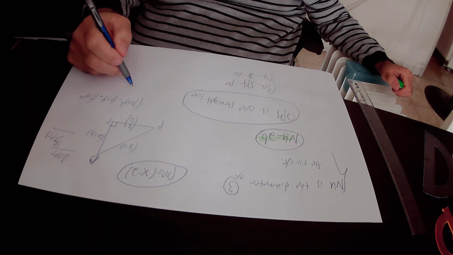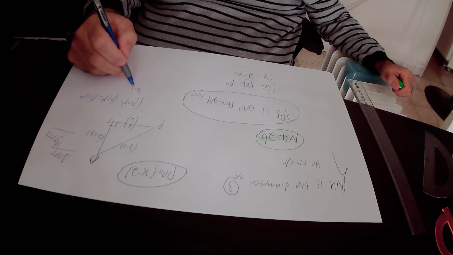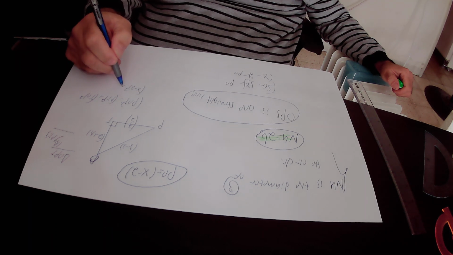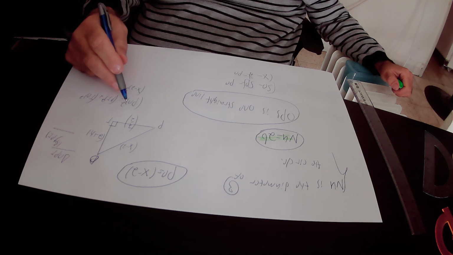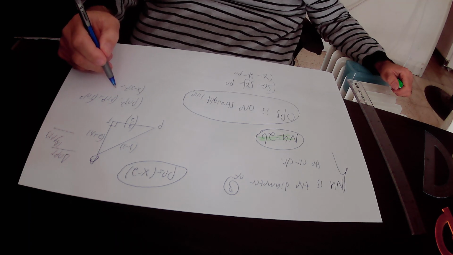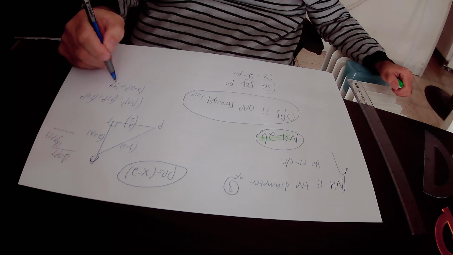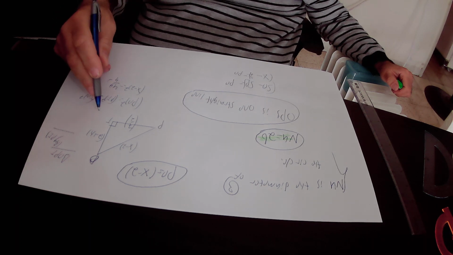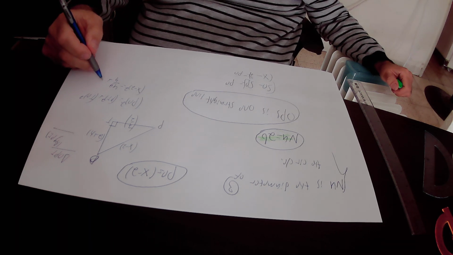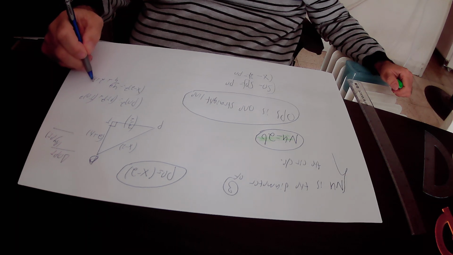PO is x minus 2, therefore PO squared is x minus 2 squared, equal to PT squared. PT is 7 over 2, therefore PT squared is 49 over 4, plus TO squared. TO is 2 plus h, therefore TO squared is 2 plus h squared.